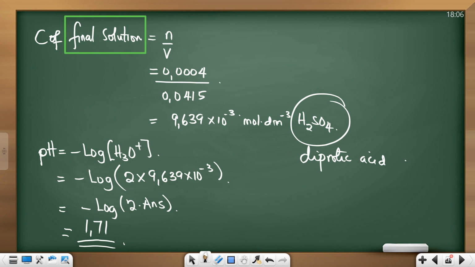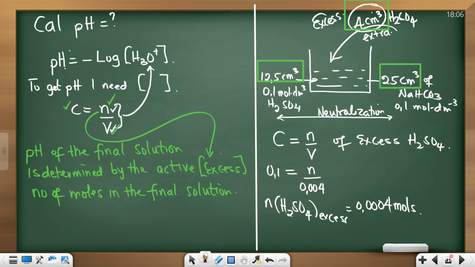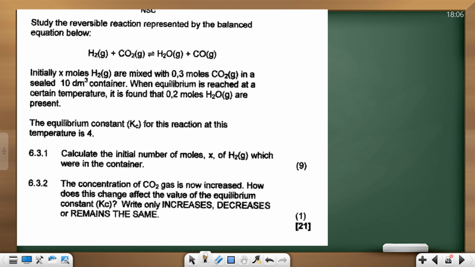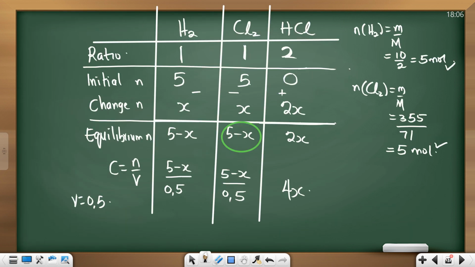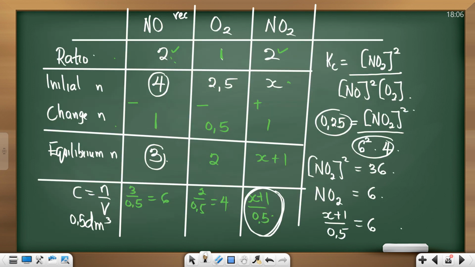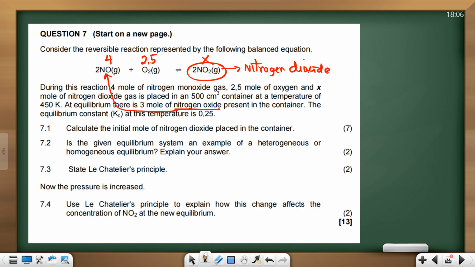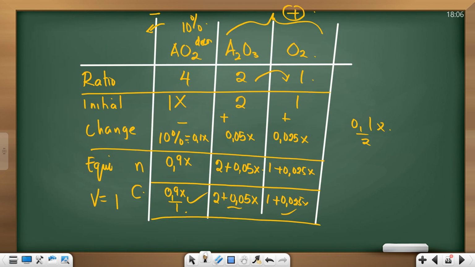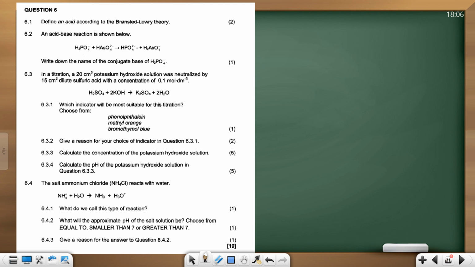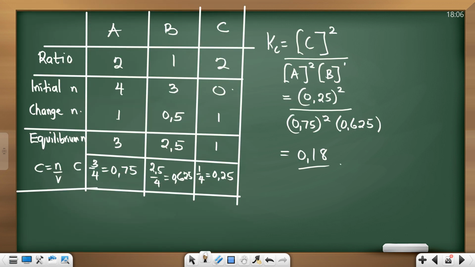Let's see. I should have another acid and base question. Let's go find it. KC. I think there's one somewhere. Hiding somewhere. Acid and base.